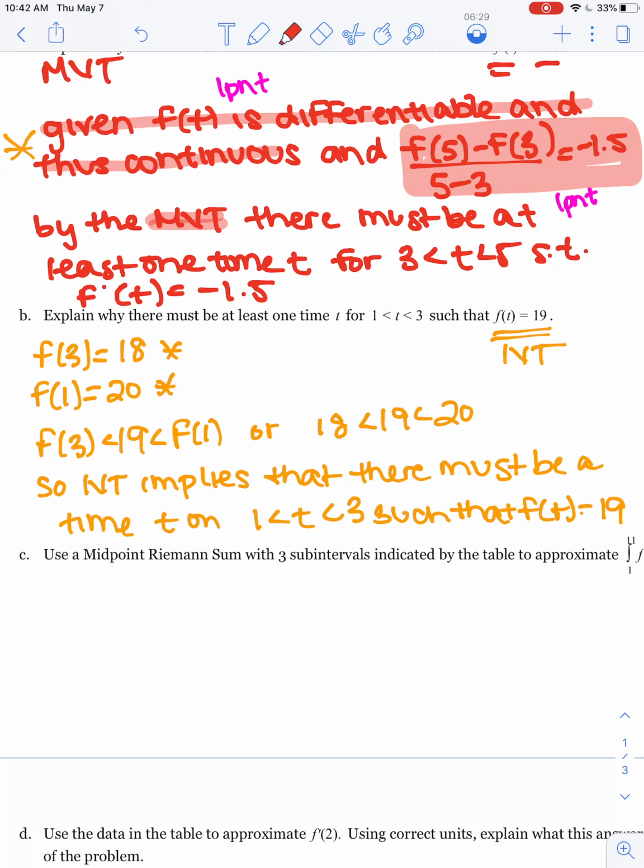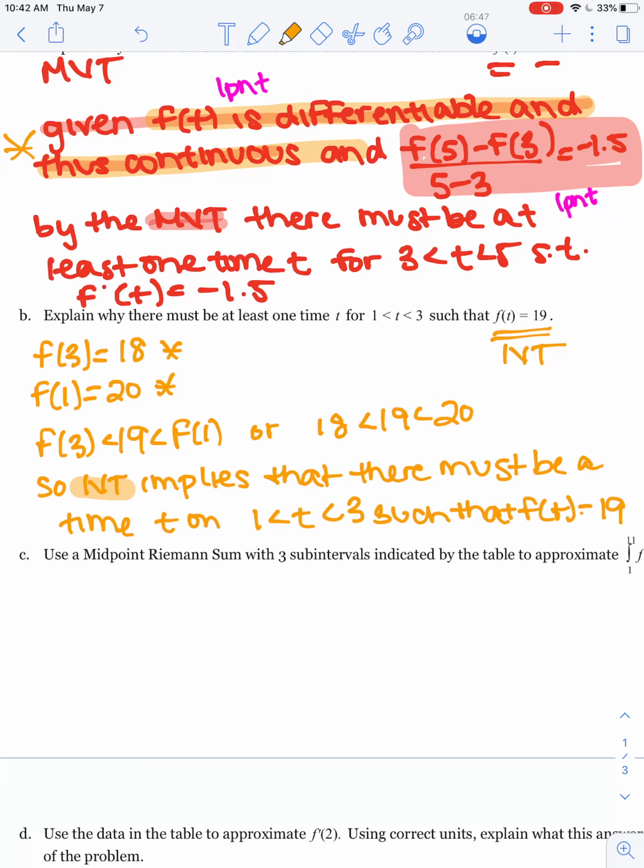For scoring, we needed to utilize the intermediate value theorem, and again, if we didn't say it in A, we would have needed to say in B that we can use it because f of t is differentiable and thus continuous.